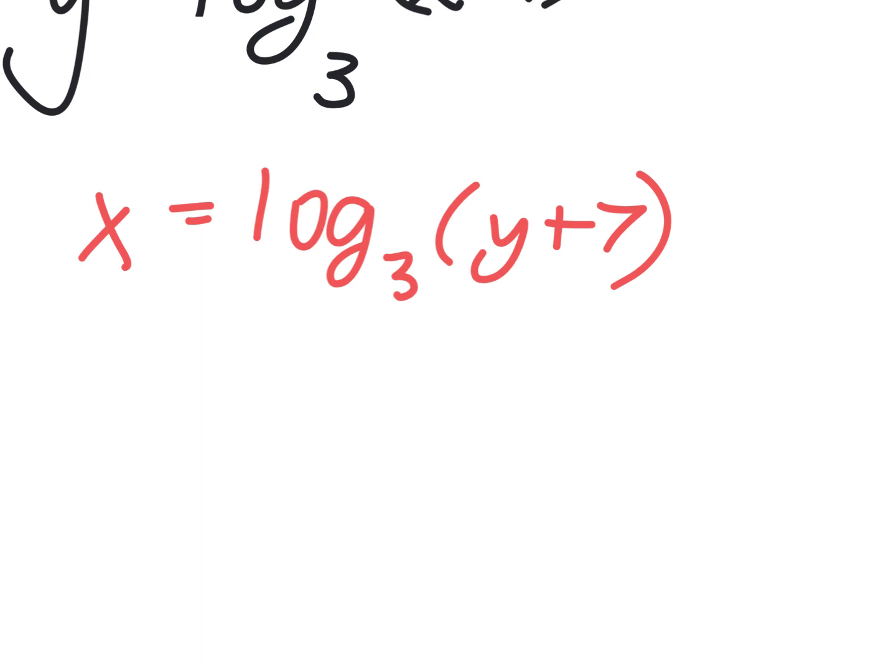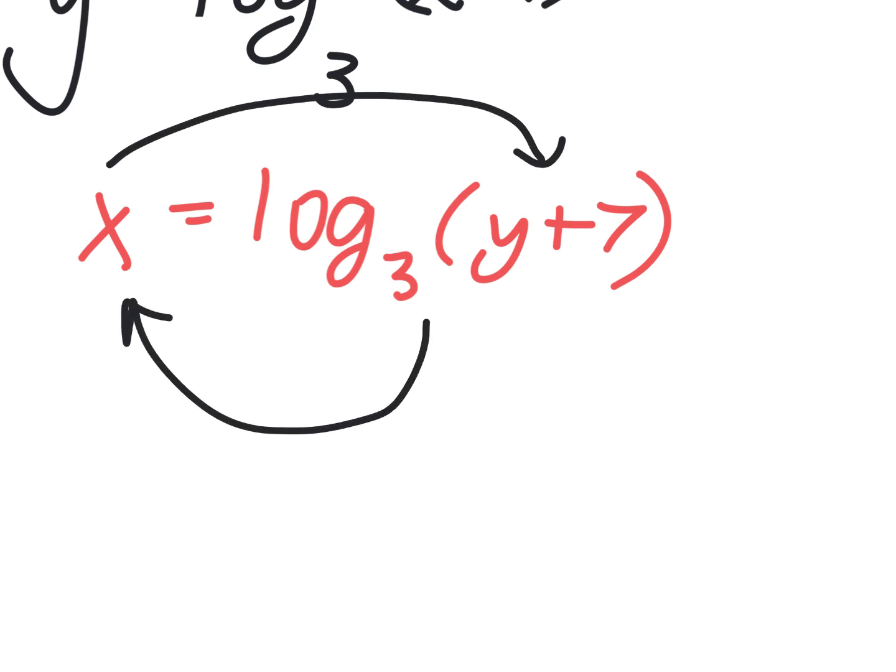And when you're solving, the key is always rewrite it. Remember the circle of logs? Three is the base. To the, now you got to go to the other side, x, and then you come back, because y plus 7.